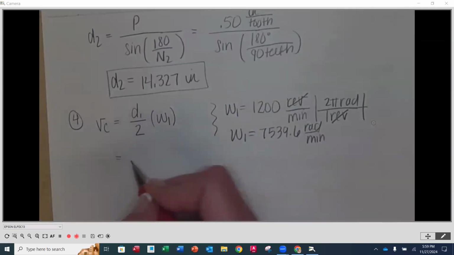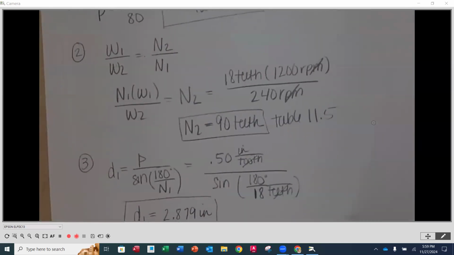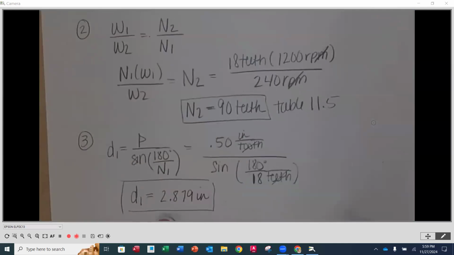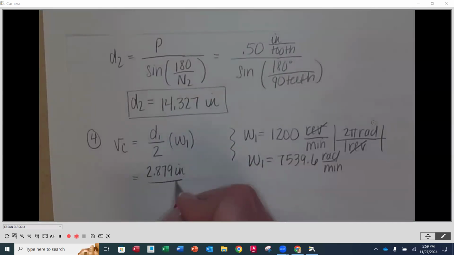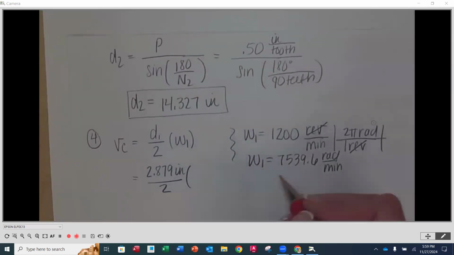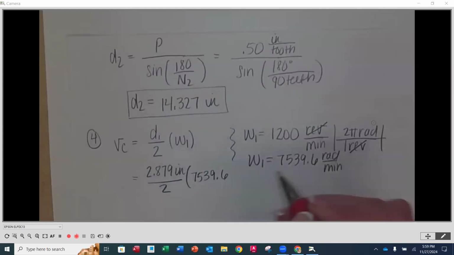So our D1 was 2.879 inches. We're going to divide that by 2 times this number right here, 7539.6 radians per minute.